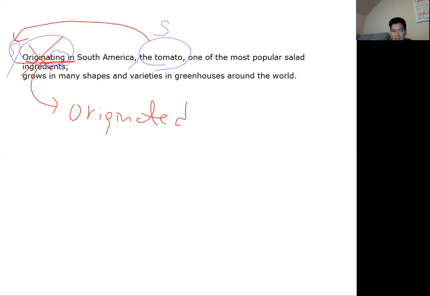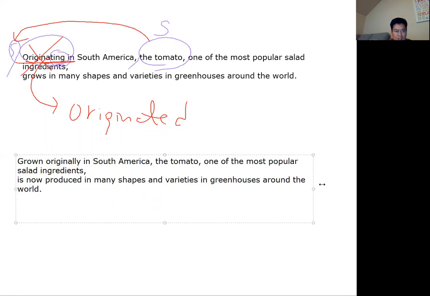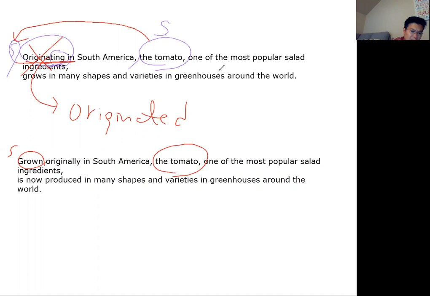Then let's try another example, similar. This is a past participle. Same situation. If you think about the beginning of the sentence, it says grown originally. So then we don't have a subject. We have to borrow the subject after the comma, the tomato. So the tomato is grown originally.